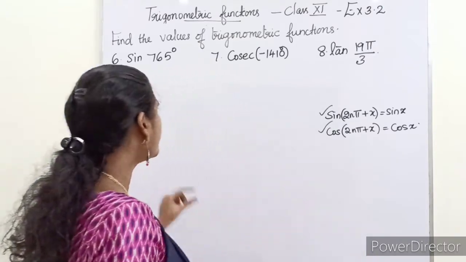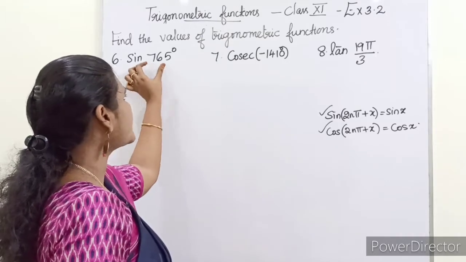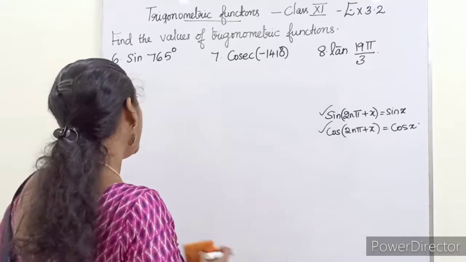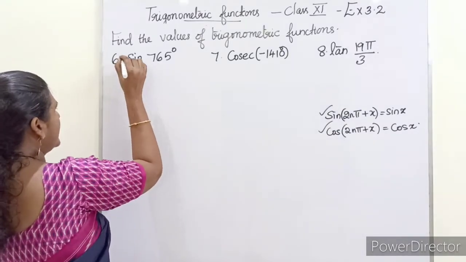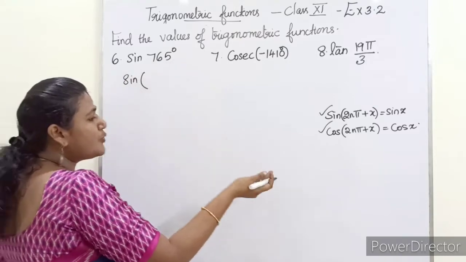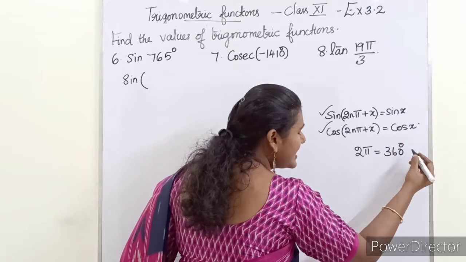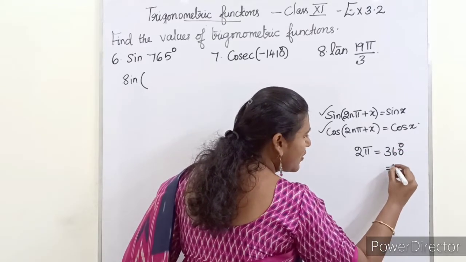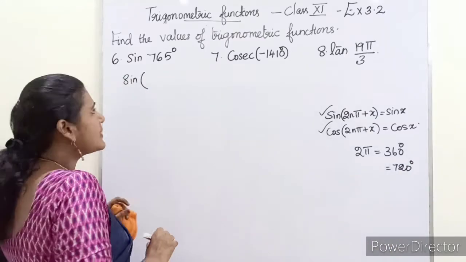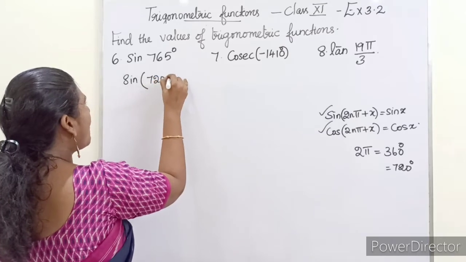So what you have to do for finding the value of this angle? First thing, you express the given angle in terms of 2 pi. Here in the first question, the sixth question, we have sin 765. 2 pi is 360 degree, so 360 plus 360 is equal to 720 degree.